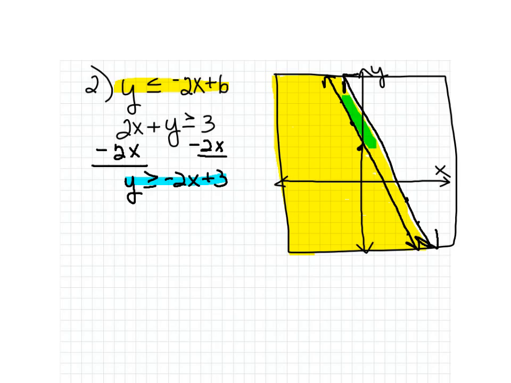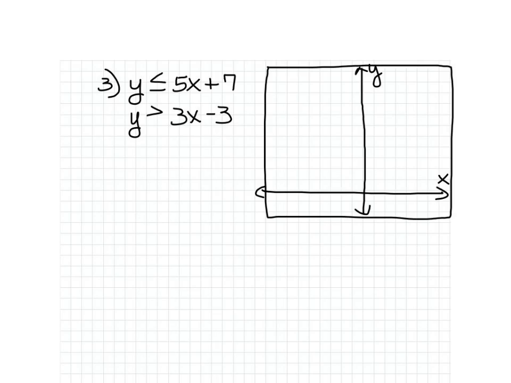So it's everything above the boundary that I drew. So if you notice, the solution to my system are the points that lie in the Kelly green, the very bright green in the middle where the two solutions actually intersect, right in there. Those are my actual solutions to this system. Okay? Try number 3 on your own. When you're done, come on back and check your graph.